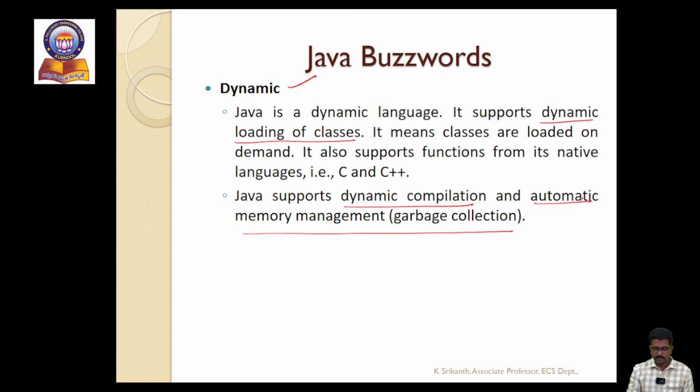Because of dynamic loading of classes with the help of standard packages and libraries, dynamic compilation, and dynamic memory management by using garbage collection, these are the important features of Java language, which make the language very popular.